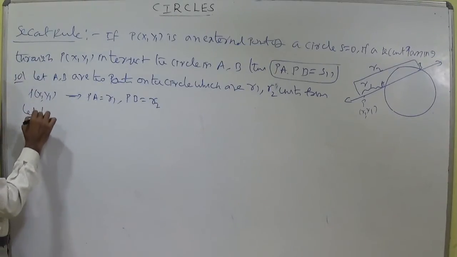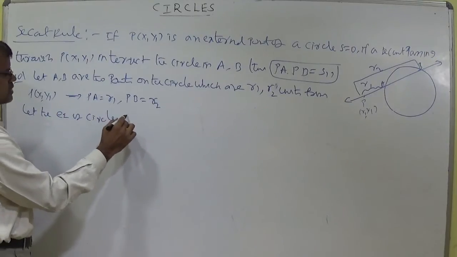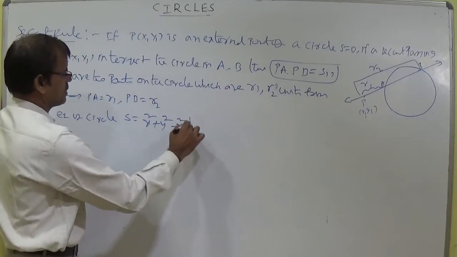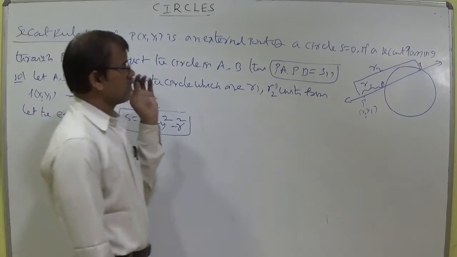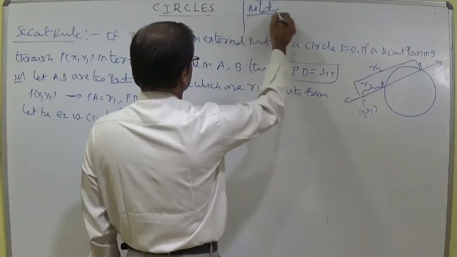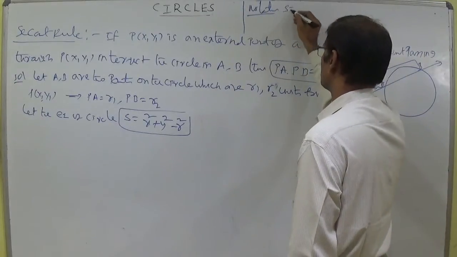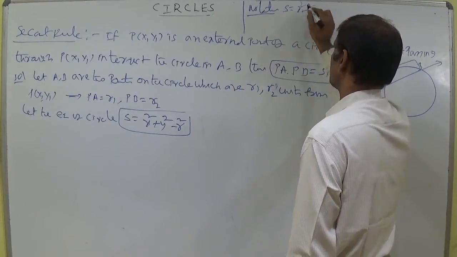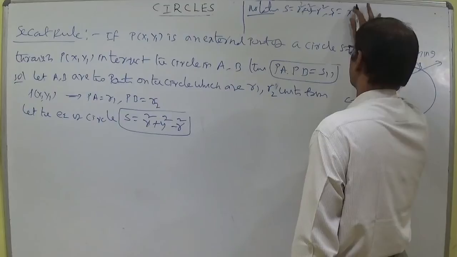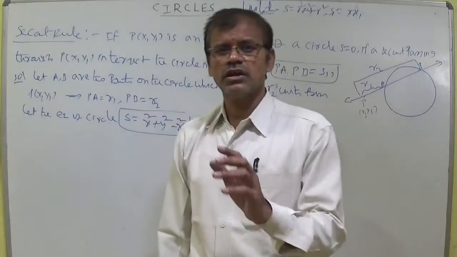Let the equation of the circle S = x square + y square minus r square. Students, a note on notation: I said earlier the general circle has center (-g, -f). Here you can also write x square + y square - r square, a circle with center (0, 0) and radius r.